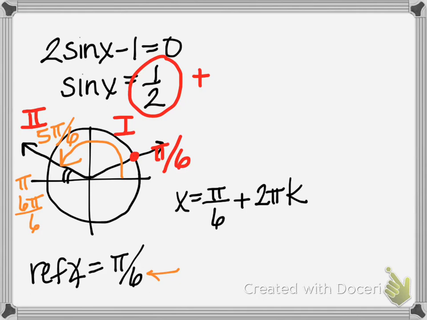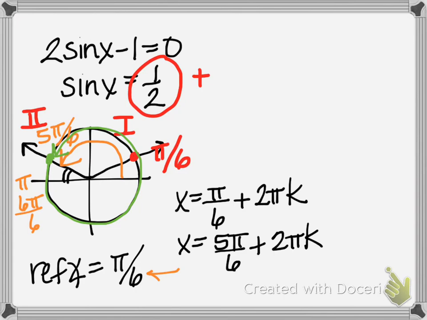And likewise, the same is true for the angle 5 pi sixths, that I'd have to add a full 2 pi and go all the way around the unit circle one time to get the next angle that has a sine value of 1/2. So that would be 5 pi sixths plus multiples of 2 pi, so 2 pi k.